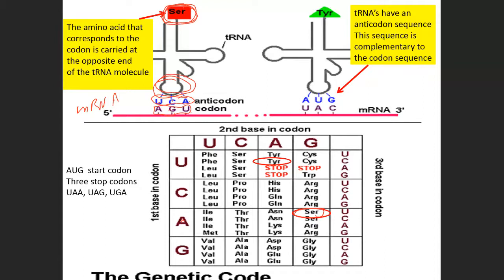We call the messenger RNA sequence a codon. The complementary sequence, which is in the tRNA, is the anticodon. The tRNA carries the complementary sequence to the messenger RNA sequence that we now know translates for that specific amino acid. So the cell makes these transfer RNAs.